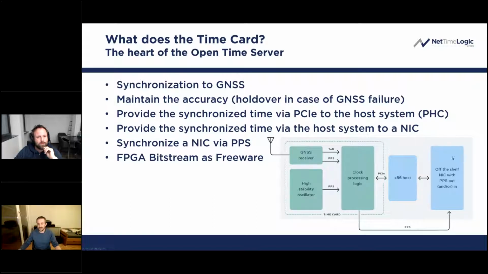We have no restrictions in the time card for the interface speed. If the interface speed increases, just switch the network card, but the time card is still the same. For the time card itself, there is an FPGA bitstream existing, and this bitstream is available as freeware.